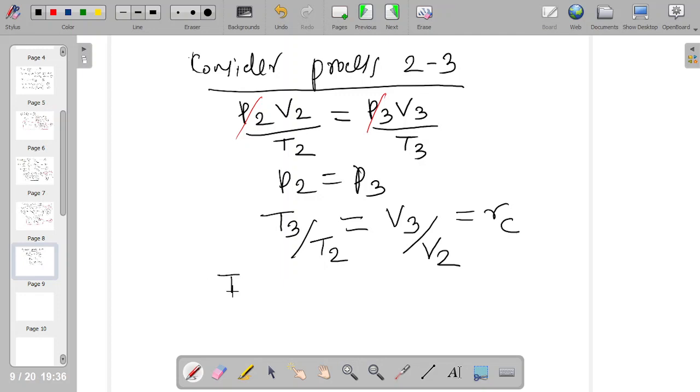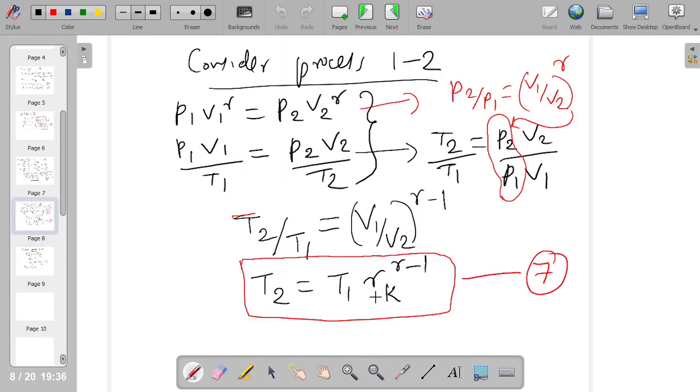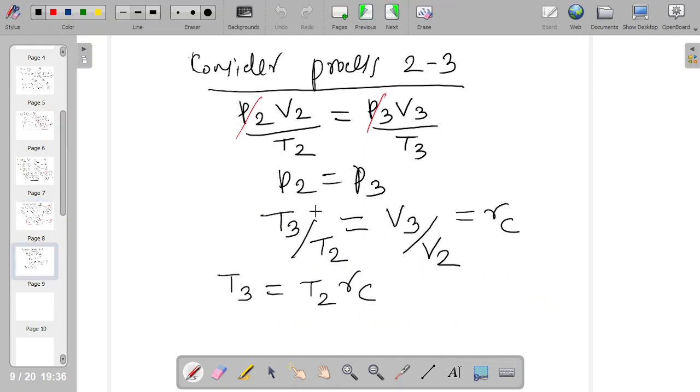So we are getting T3 equals T2 into Rc. But remember, we have to express every temperature in terms of T1. Then only can we eliminate temperature from the efficiency expression. For that, we have to convert this T2 in terms of T1. Just use the previous equation, equation 7: T2 is equal to T1 Rk raised to gamma minus 1. So substitute equation 7.